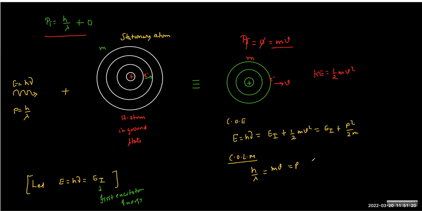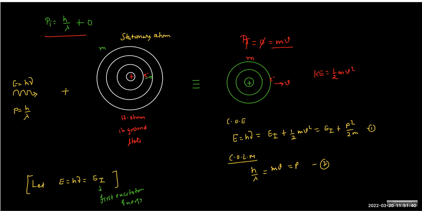So from 1 and 2, what can we write? We can write h nu.